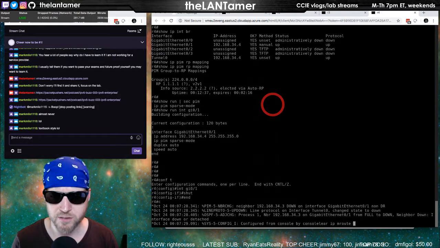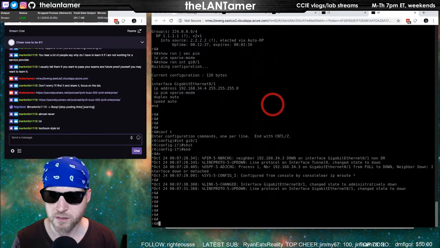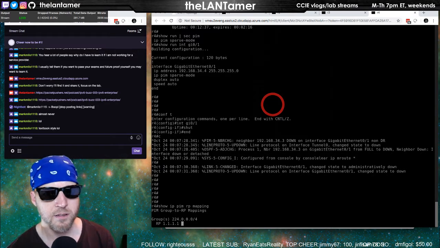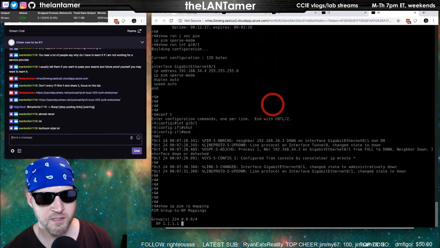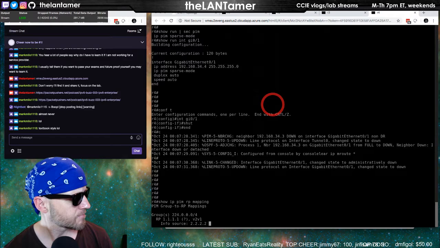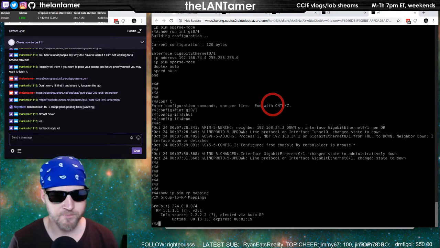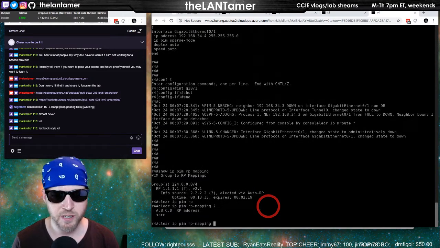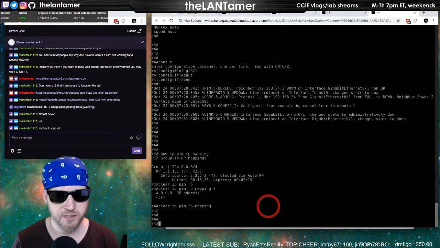Clear IP mroute star. It still knows about that. I wonder if there's a way to clear this as well. Expires 2 minutes. Okay, so it's counting down. Clear IP PIM RP. Oh, you can. Sweet.